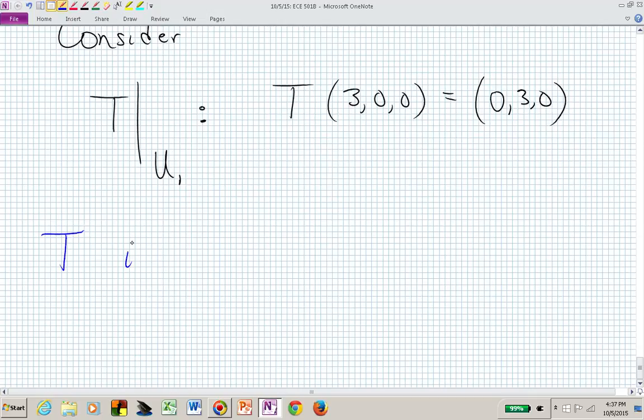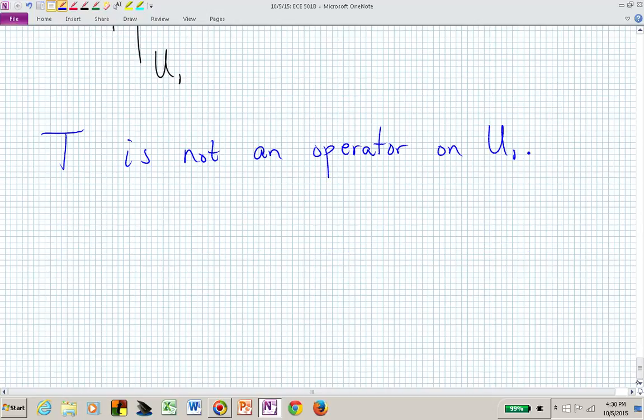T, the linear map, is not an operator on U sub 1. Now, T is an operator where? On R3. But it's not an operator on this restricted space or subspace within R3. And here's where I came up with my phrase that I started with when we were talking about the goals.